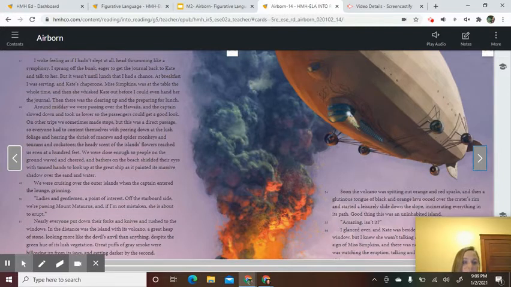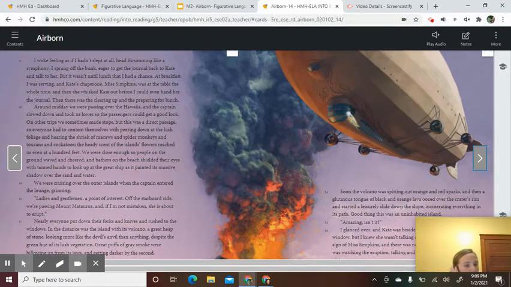Around midday, we were passing over the Hawaiis, and the captain slowed down and took us lower so the passengers could get a good look. On other trips, we sometimes made stops, but this was a direct passage, so everyone had to content themselves with peering down at the lush foliage and hear the shriek of macaws and spider monkeys and toucans and cockatoos.